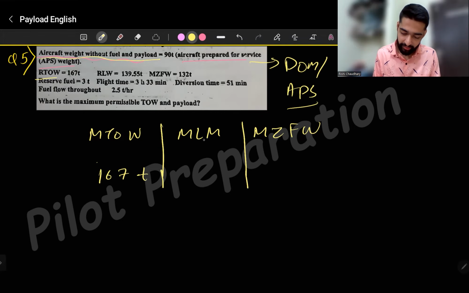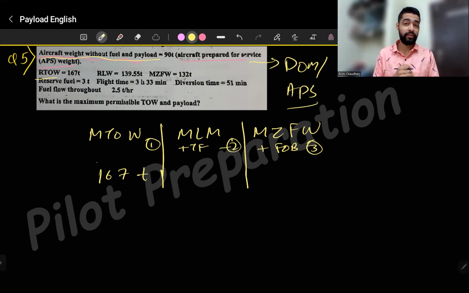And my maximum landing weight is how much? This will be plus trip fuel, this will be plus FOB always. This is the first value, this will be the second value, this will be the third value. So first, let's find out whether we are given trip fuel and FOB directly. Sometimes we have to find out FOB and trip fuel as well. So let's see if that is the case or not.